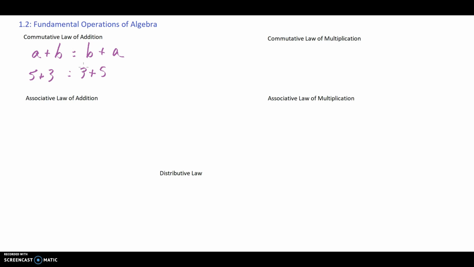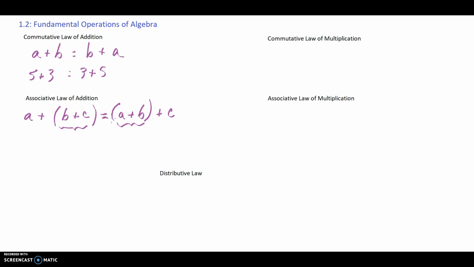Okay, there's also the associative law of addition. That if we look at it in formula looks like this. A plus the quantity B plus C is equal to the quantity A plus B, plus C. So if you know from BEDMAS, the order of operations in this tells us to do the brackets first, right? So we would find the sum of these two, and to that sum we add A. Whereas in this order, we find the sum of A plus B, and to that sum we add C. And the result will be equal no matter what order we do it in.